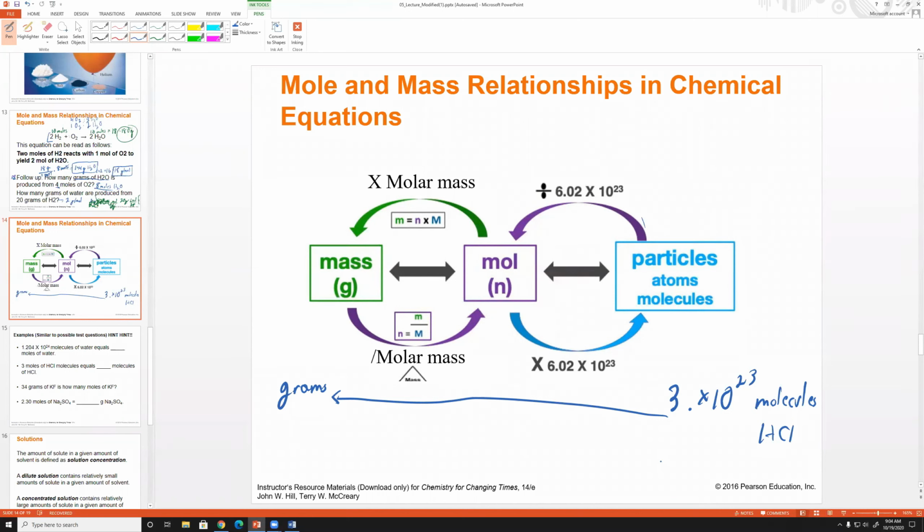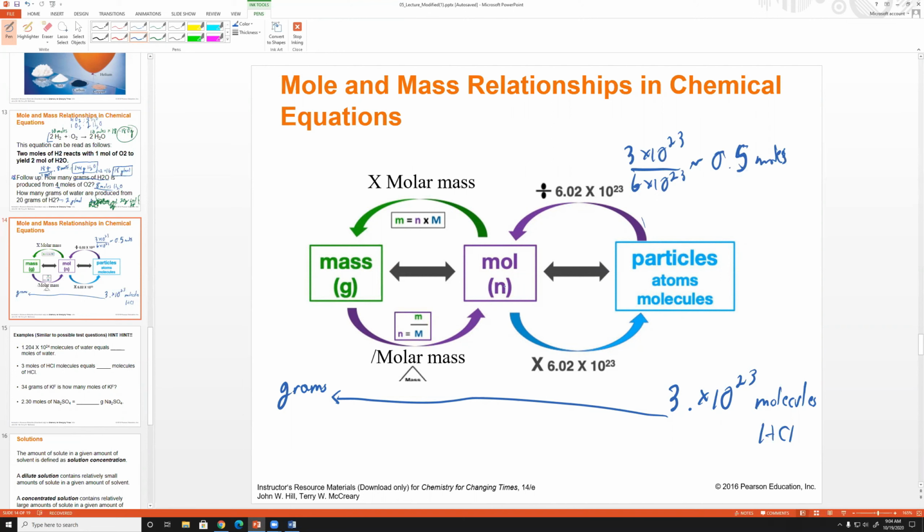So if we divide 3 times 10 to the 23rd by 6 times 10 to the 23rd, you get approximately 0.5 moles. Does that make sense of how I got 0.5? Yeah? All right. Okay.